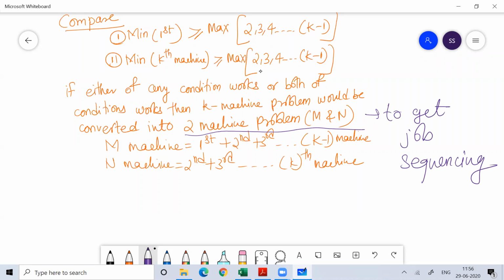So why are we doing all that, why do we need to convert that into sequencing? Because it's a theoretical concept, and according to this theoretical concept, which is based on the Johnson algorithm, if we work on sequencing, ultimately we'll minimize the total processing time and also save the idle time.